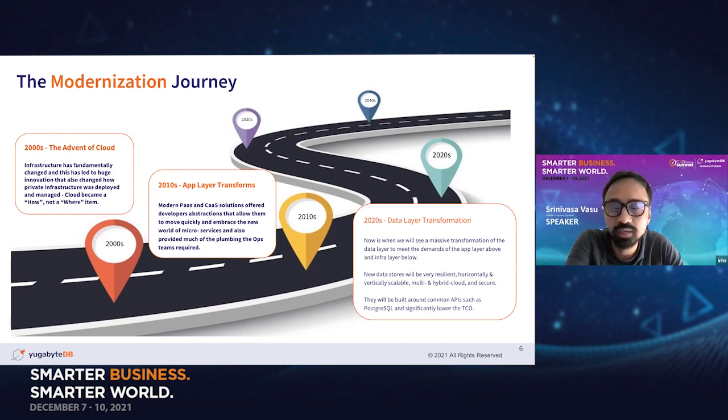The advent of cloud brought in infrastructure as code and on-demand provisioning of infrastructure resources like virtual machines and storage within a few minutes. That paved the way to the natural progression in the application layer: build once, run anywhere, the container paradigm, complemented with cloud agnostic Kubernetes orchestration.